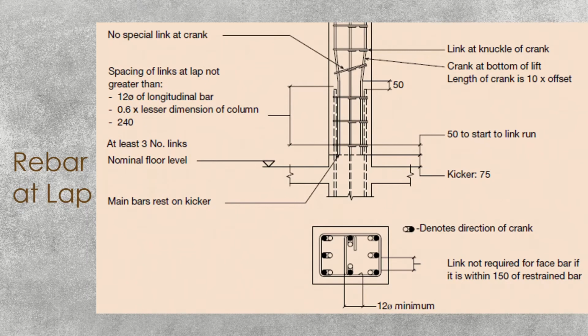So rebar lapping, if you want to discuss further, you can see here in the bottom cross section of the column, the continuing bar and the new bar are indicated.